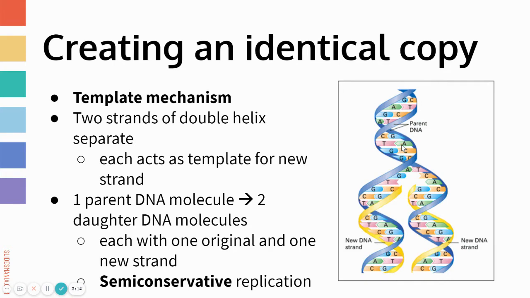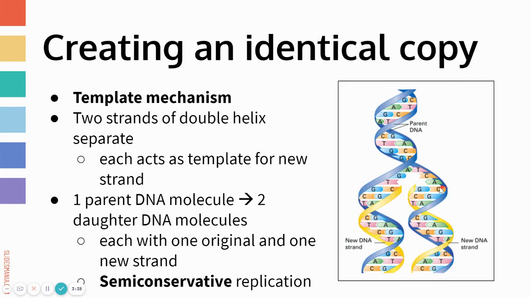This is possible because the bonds holding the two strands together are those weak hydrogen bonds. It's really just an attraction. So it's relatively easy to pull the two strands of the parent DNA molecule apart from one another, and once they're separated, each strand is able to act as a template for the daughter molecule.